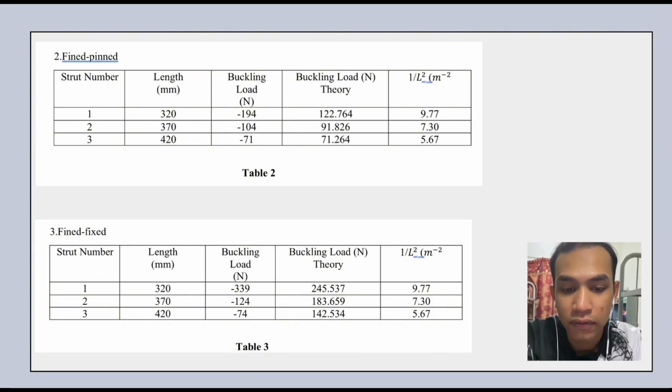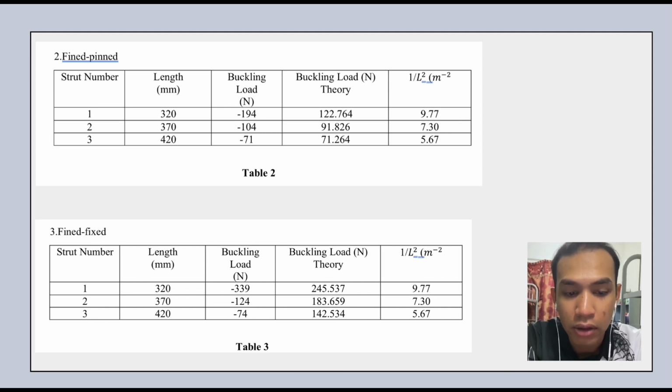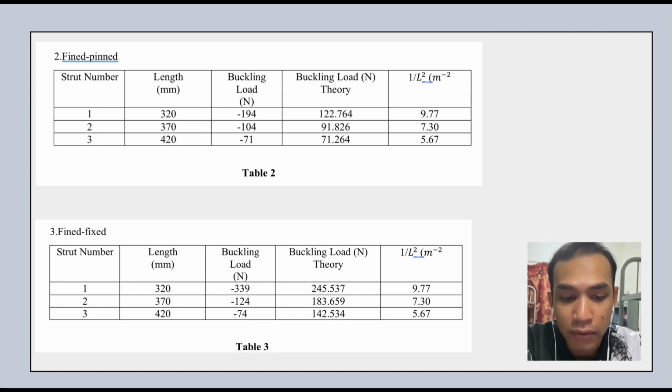Okay, for fixed pin, for the length 320 mm, the buckling load we got is negative 194. For the length of 370 mm, the buckling load is negative 104, and for the length of 420 mm, the buckling load we got is negative 71.